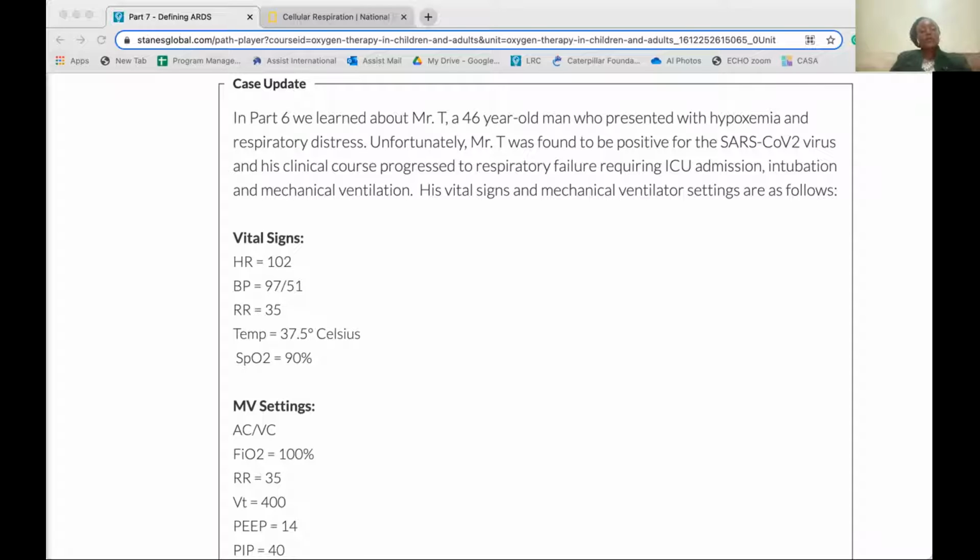He has a heart rate of 102, BP 97/51, and a high respiratory rate of 35. SpO2 is 90%. On the mechanical ventilation settings, he's on FiO2 of 100%, a respiratory rate of 35, tidal volume of 400, and PEEP of 14. So what kind of failure is he having? Is it type 1, type 2, type 3, type 4?